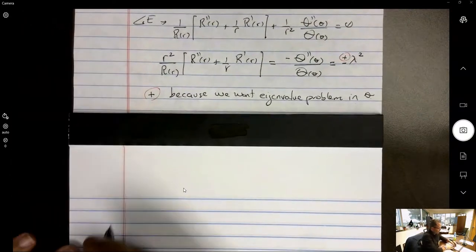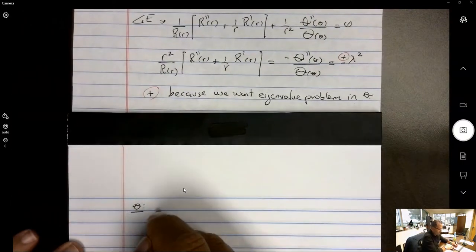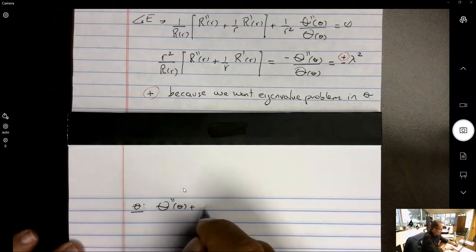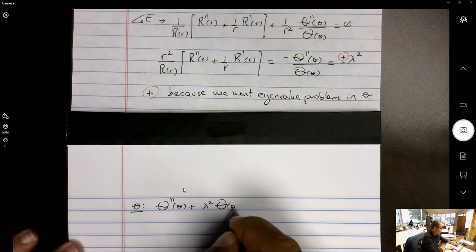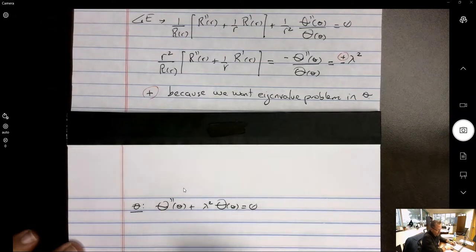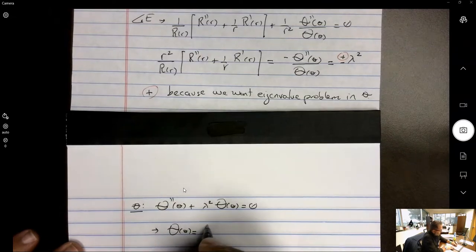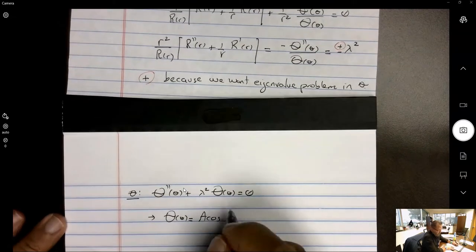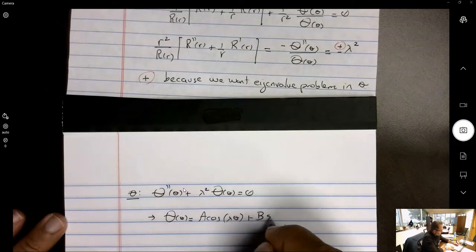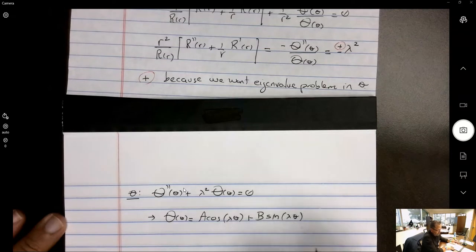So we solve the problem in theta. The equation that results is Theta double prime of theta plus lambda squared Theta of theta is equal to 0. And then the solution to this is A times the cosine of lambda theta plus B times the sine of lambda theta.